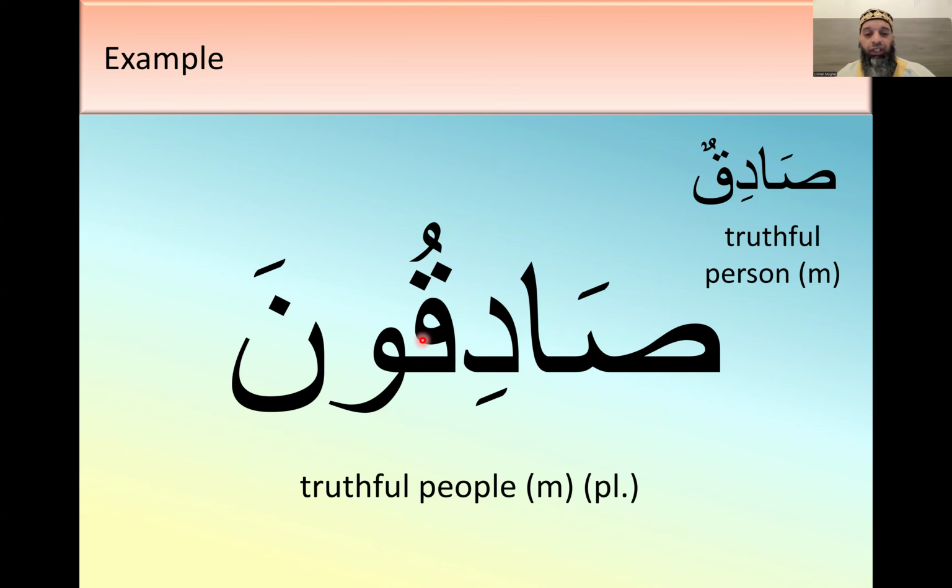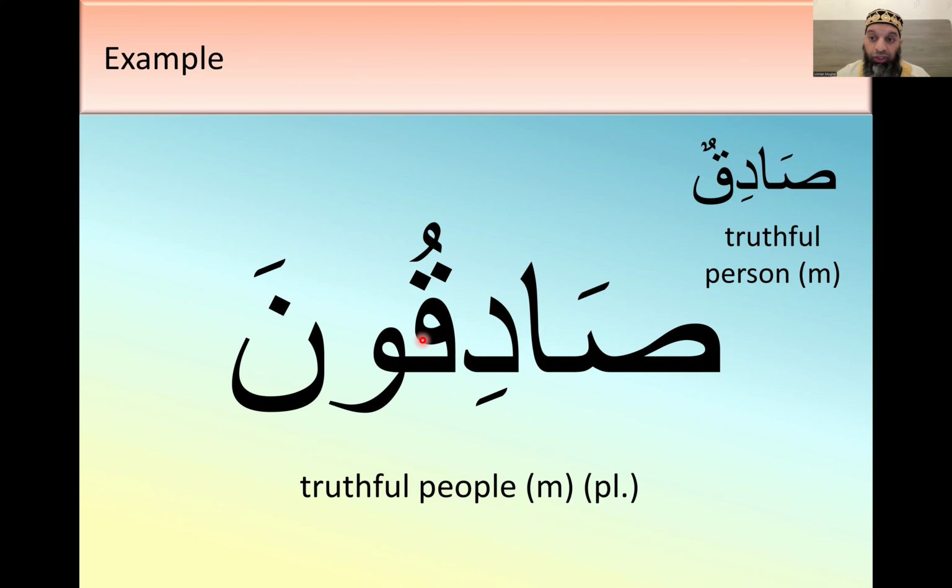Somebody's asking, can they both be used interchangeably? The answer is no. The rules of grammar will dictate that you have to use a particular one. You can't just say, for sadiquna, I'm going to say sadiqina instead. Obviously, Quran is Quran, you can't change it, but even speaking grammatically, you can't choose interchangeably.